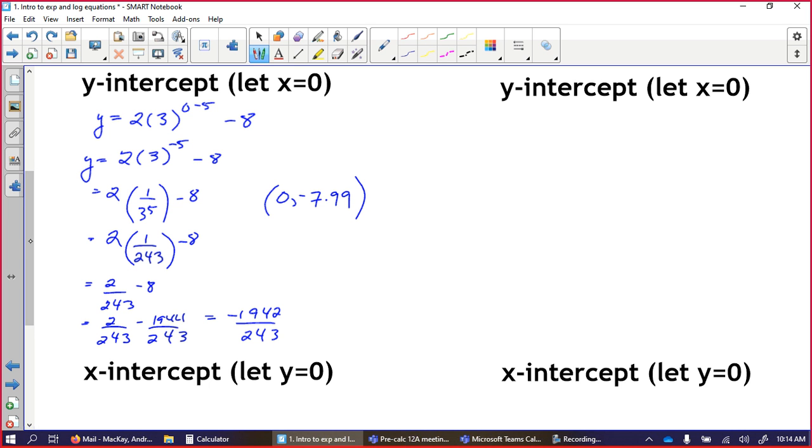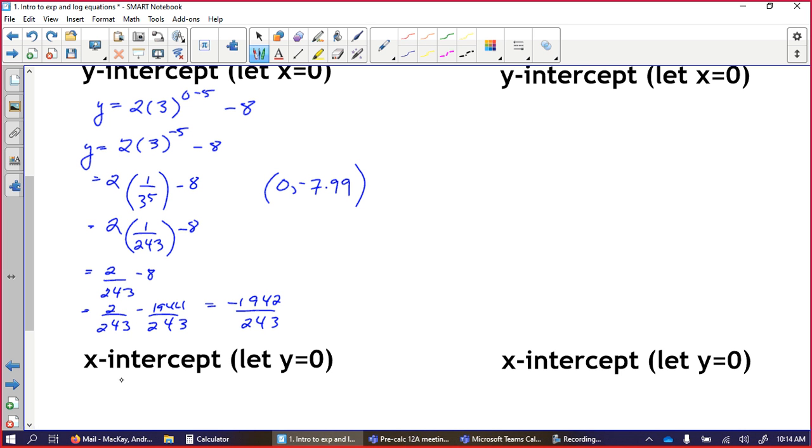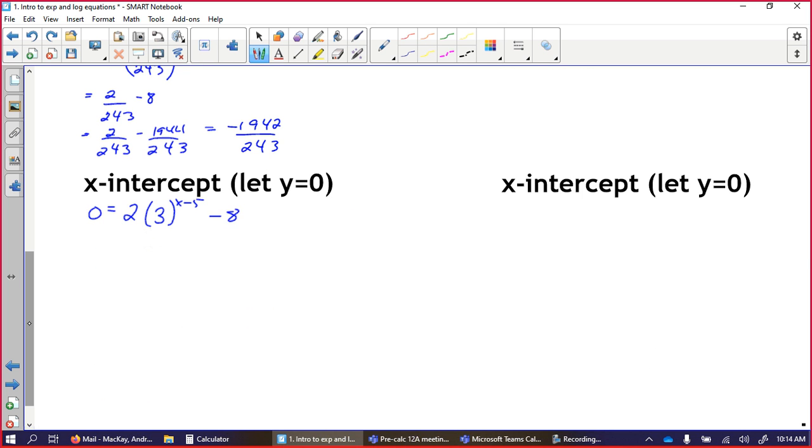To find an x-intercept, sorry, we let y equal 0, so 0 equals 2 times 3 to the x minus 5, minus 8. Can I solve that? I'm going to move the 8 over and divide by 2. 4 equals 3 to the power of x minus 5.